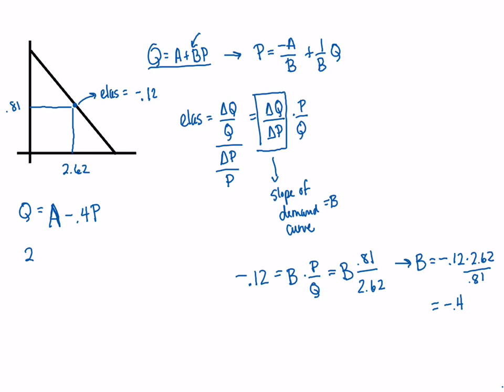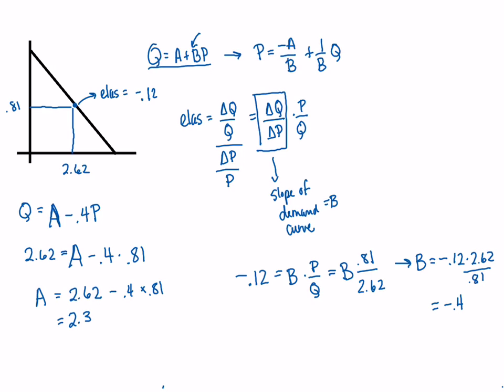So quantity is 2.62, and that is equal to A minus 0.4 times 0.81. So then we get that A is equal to 2.62 plus 0.4 times 0.81, or approximately 2.3, right?